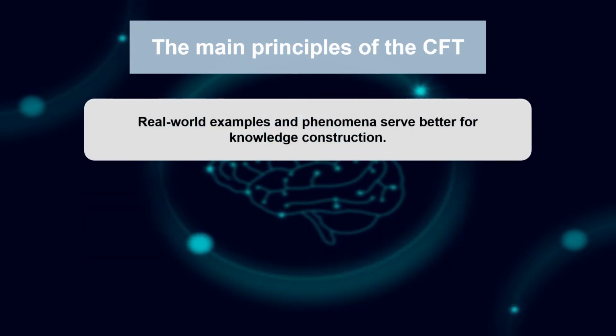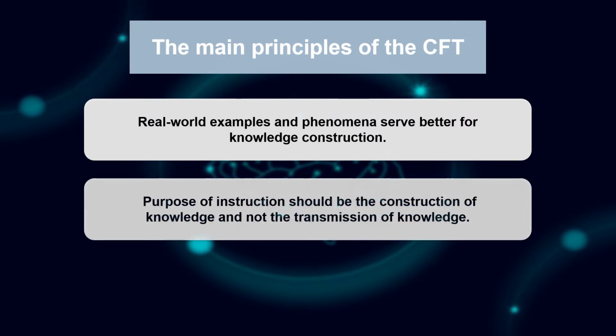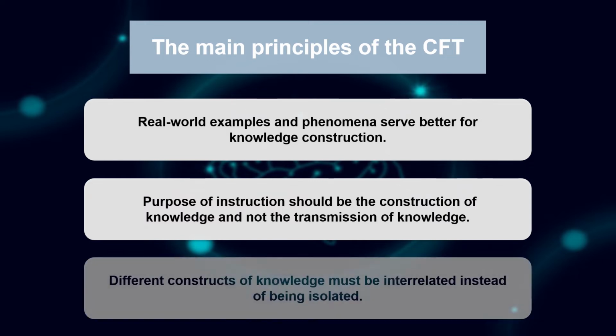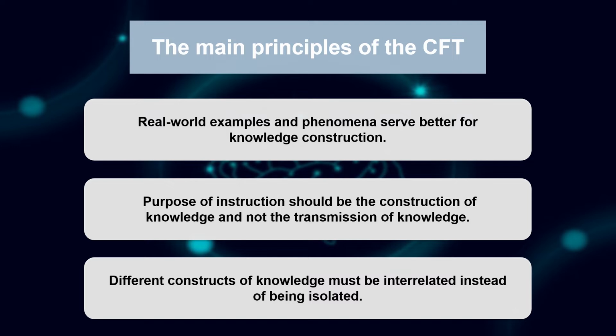Then we need to provide real-world examples or phenomena because they serve better for knowledge construction. The purpose of instruction should be the construction of knowledge and not the transmission of knowledge. Different constructs of knowledge must be interrelated instead of being isolated. And this theory has been found effective in advanced knowledge creation.